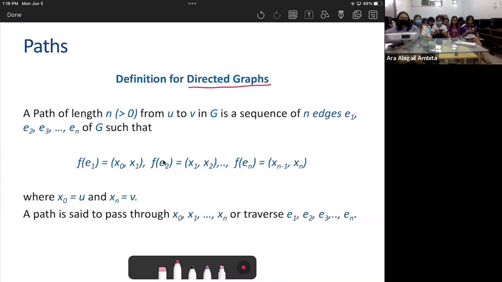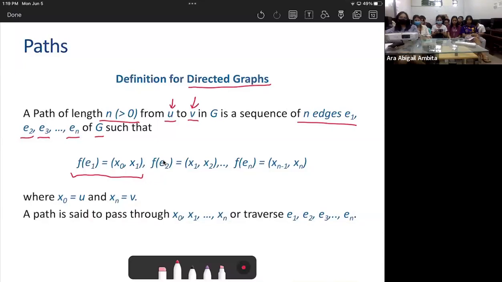So a path from the origin, hindi yan yung destination niya, in G. So ito yung mga edges mo. E1, composing a vertex, na path from x sub 0 to x sub 1.